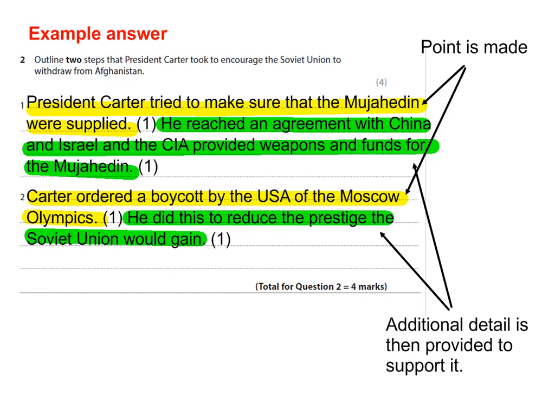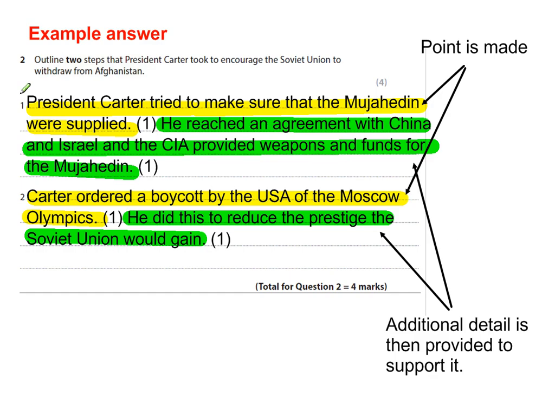So here's a possible answer we could go with. President Carter tries to make sure the Mujahideen were supplied. So that was kind of mentioned in the source. We get a mark for that. He reached an agreement between China, Israel, and America, and the CIA provide weapons and funds for the Mujahideen. So that's our extra information there, and that'll get us our second mark.